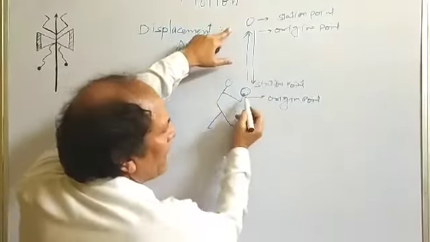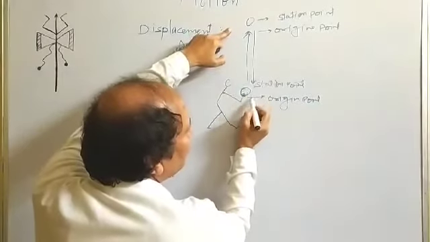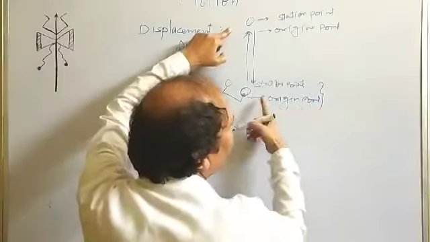So in both conditions, for upward and for downward, the station point and origin point overlap each other.